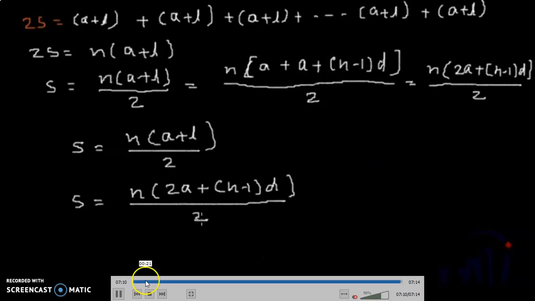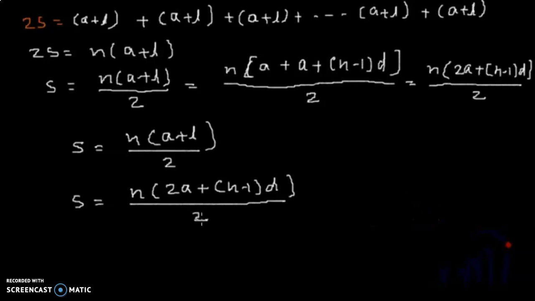I hope all of you are clear with this. So there are two equations, s is equal to n into a plus l by 2. It can also be written as, I just want all of you to learn by heart the second equation, s is equal to n by 2 into 2a plus n minus 1 into d. So if n terms of an AP are given, what is the sum of those first n terms?